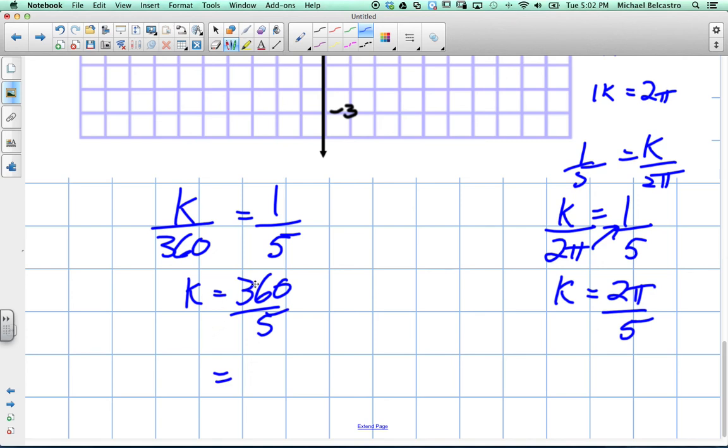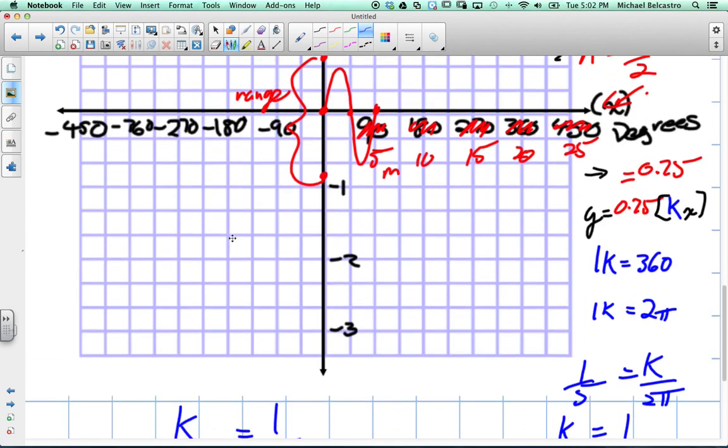What would end up being? 72? I think that's what it is. 7 is 35, 10 is 2. So k is 72. So if we're in radians, this is our new k value. And if we were in degrees, this is our k value, right? So with that being said, our new function would end up being what we have here. y is equal to 0.75.